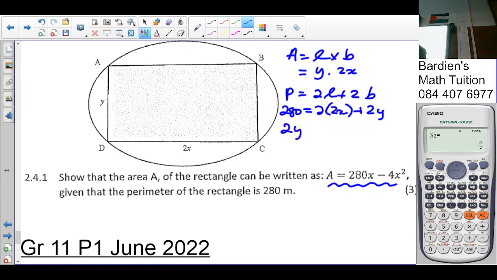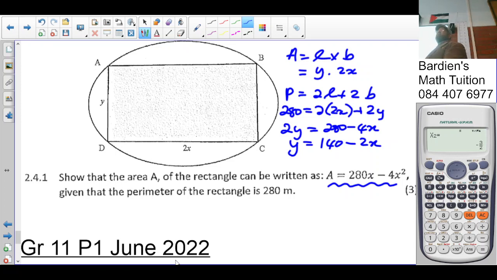We get 2y is equal to 280 minus 4x, divided by 2. So that's going to give you 140 minus 2x. So this is the breadth in terms of x, or y in terms of x. So what we do with this is we sub that back into that equation.